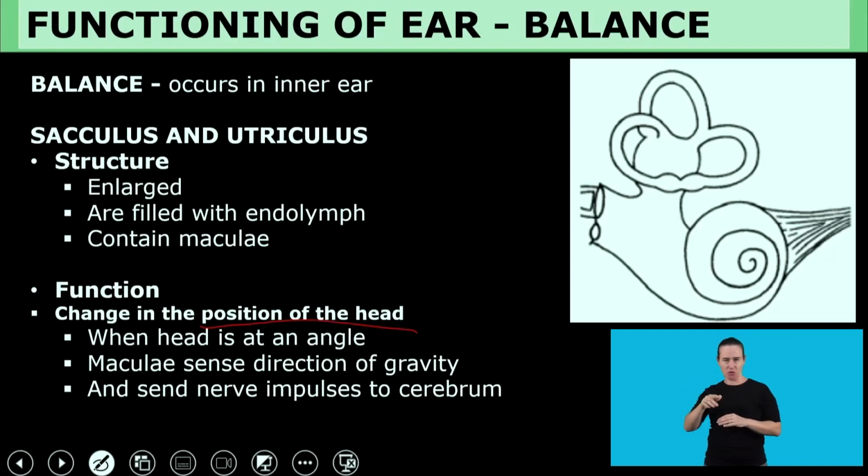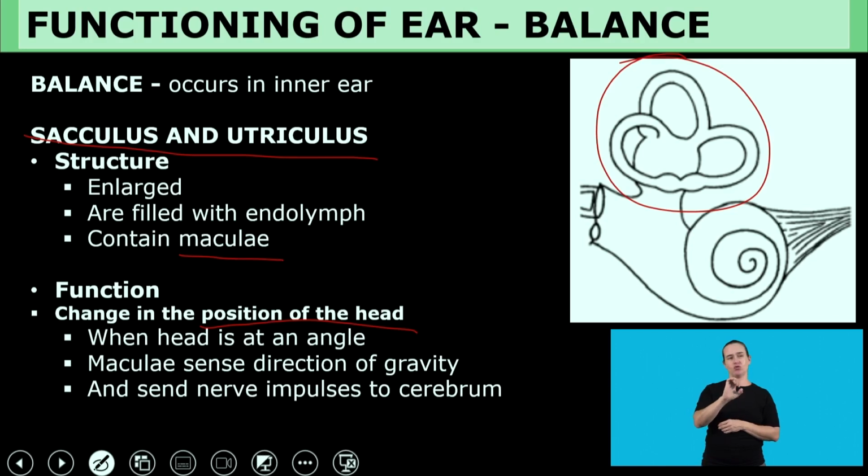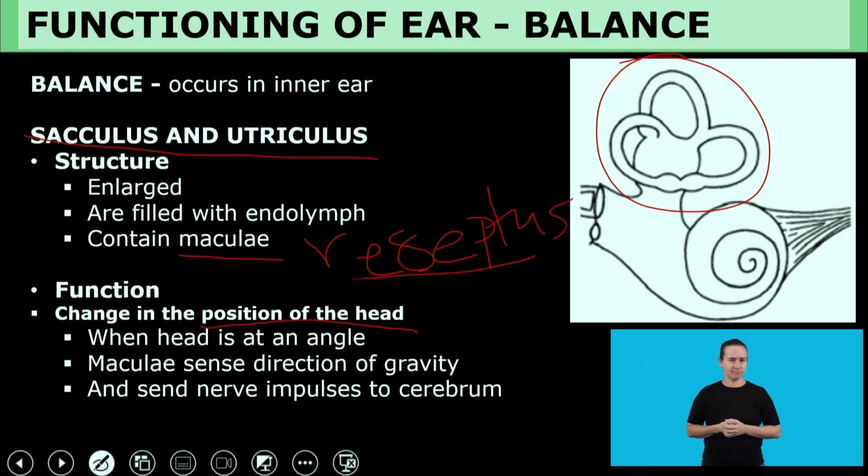So what we have here again is the semicircular canals. We've got the saccule and utricle, which have maculae. Maculae are the receptors. These receptors pick up the change in the position of the head.